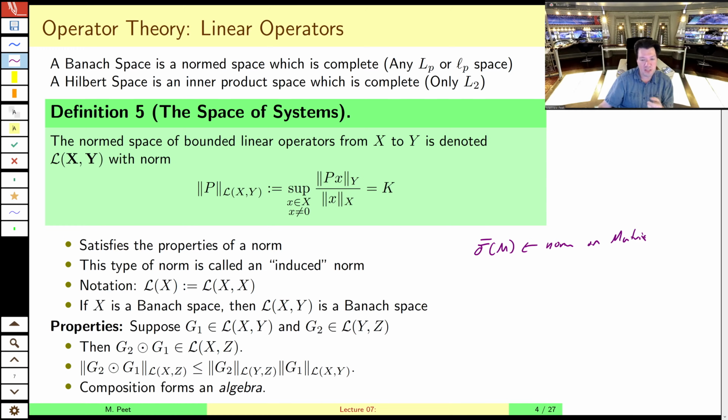You can see this with the SV decomposition or unitary transformations and so on. A matrix is not the sum of its numbers. The matrix is a linear operator. It's a sum of its properties. And so good norms on matrices are defined in terms of what they do and not how they're represented. And this is true for the maximum singular value norm as well.